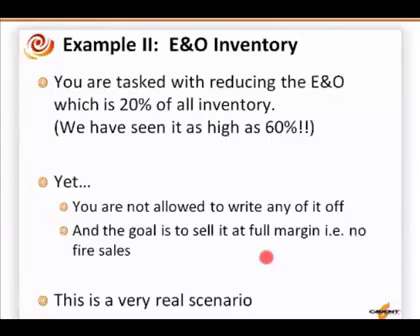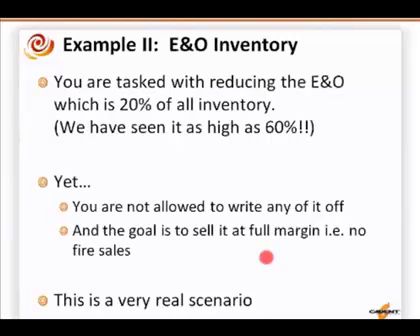You are tasked as a supply chain leader with reducing E&O, which is 20% of all the inventory at your company. We have actually seen companies that have 60% E&O. 60%. I would slit my wrist if I had to operate in that situation, but there are people that do it.